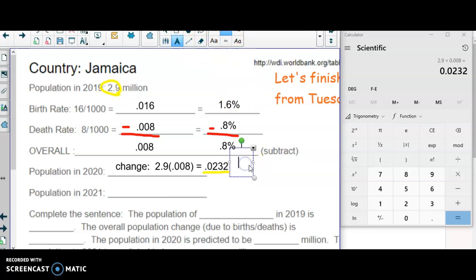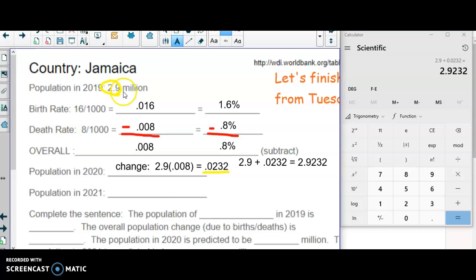What is 2.9 plus 0.0232? Okay, perfect. So that's going to be 2.9232. Boom. Okay? So now we need to find our next level of change.